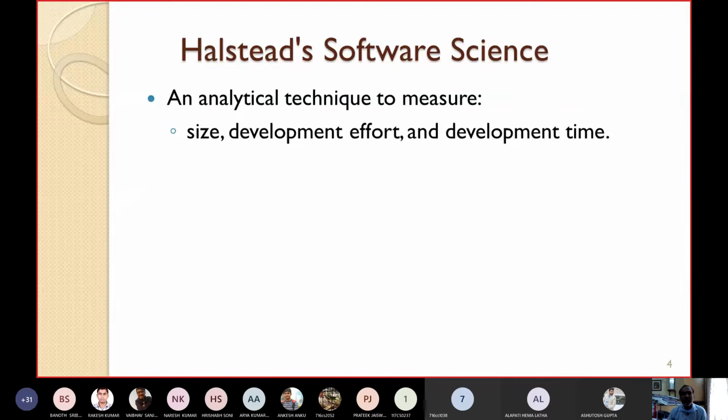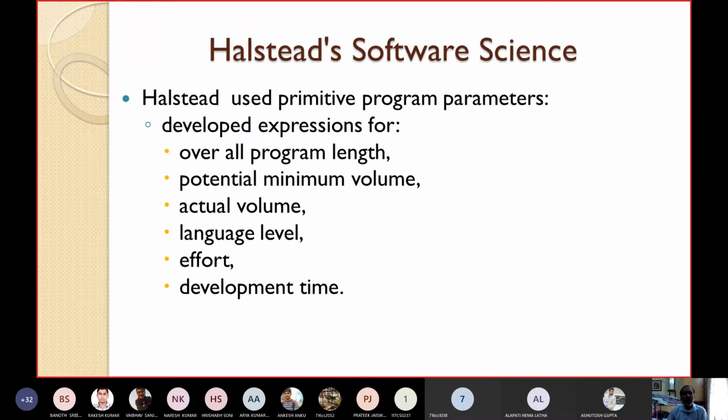An analytical technique can be used to measure the size, development effort, and development time, etc. So Halstead software science is an analytical technique which can be used to measure the size, development effort, and development time for any project.